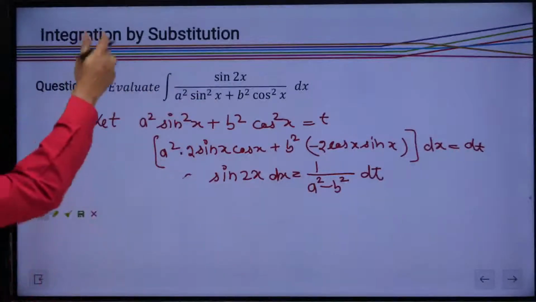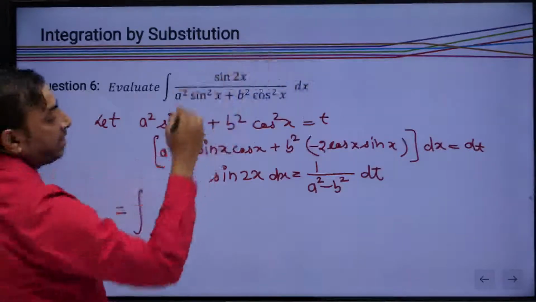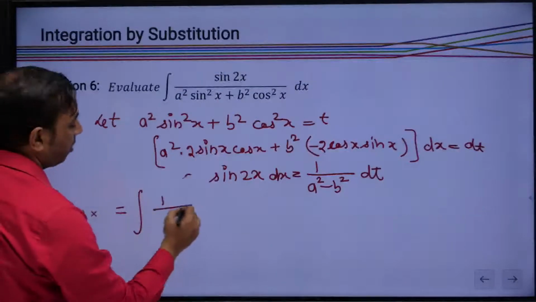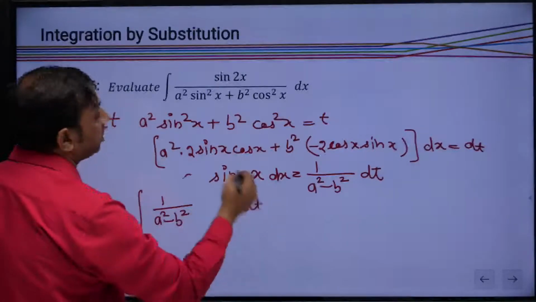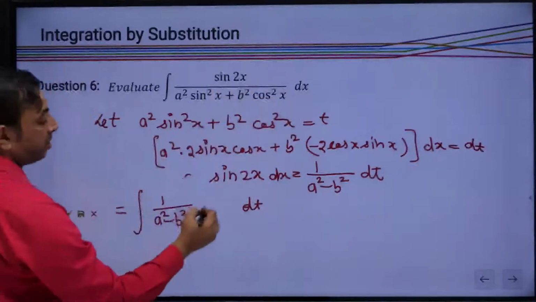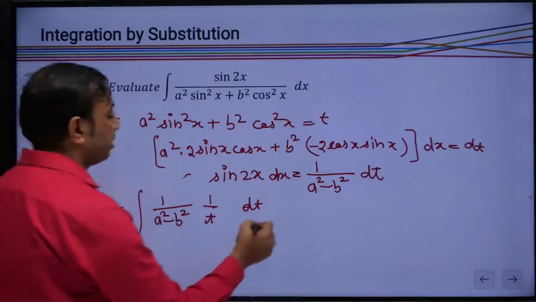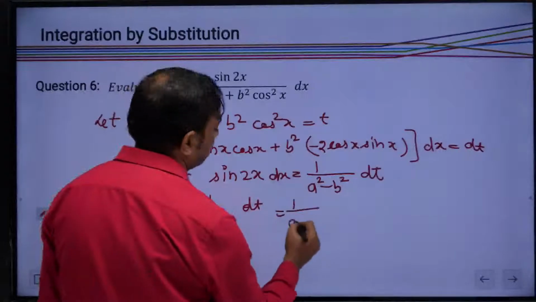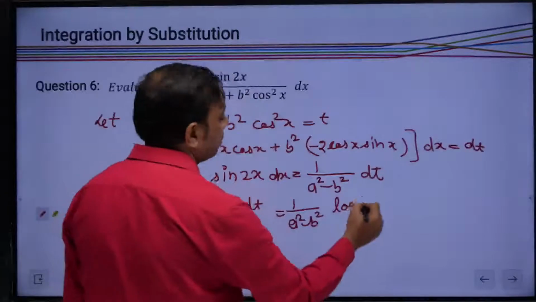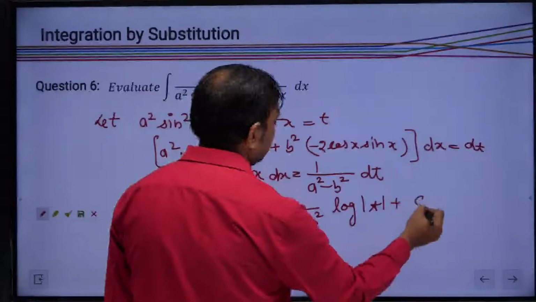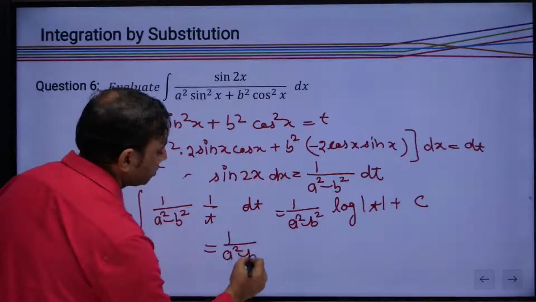Okay, so when we replace it in the integration, we get sin 2x dx is 1 upon a square minus b square dt, while the term in denominator was assumed as t. So I have to integrate 1 upon t, and the integration of 1 upon t is log t. So we have log of t plus c.